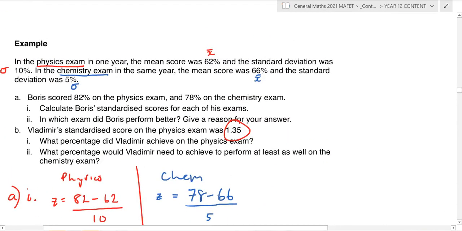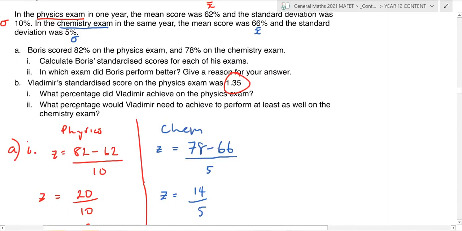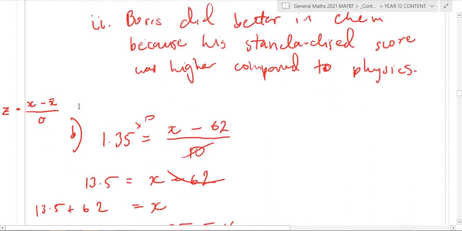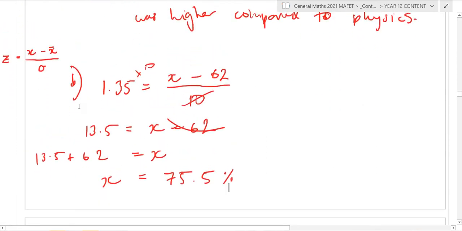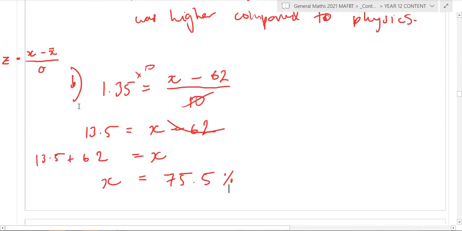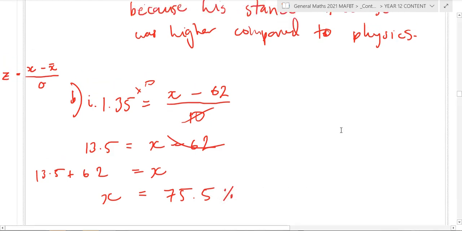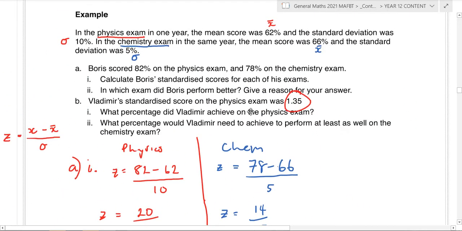Okay, part B. What percentage would Vladimir need to achieve to perform at least as well on the chem exam? So this is a bit tricky, because the way you need to interpret this question is that you might think, doesn't he just need to achieve 75.5% to do as well? Well, remember, you want him to do as well in terms of the standardized score.